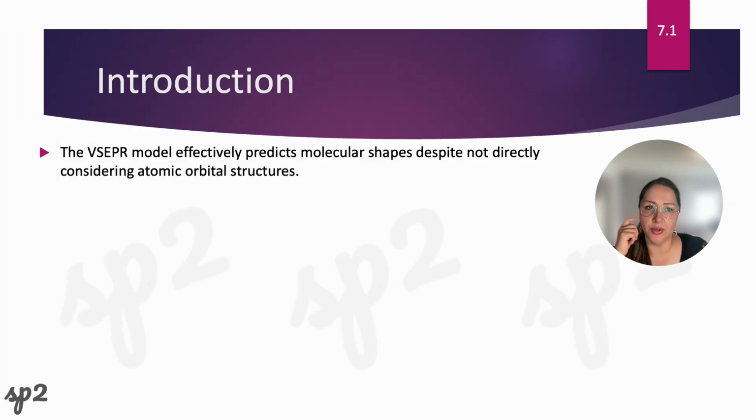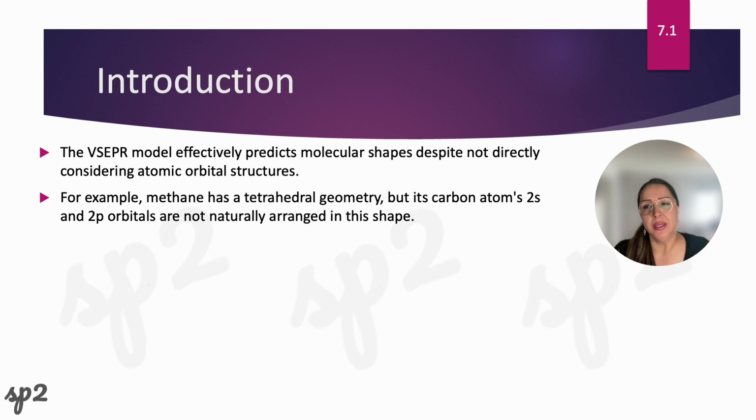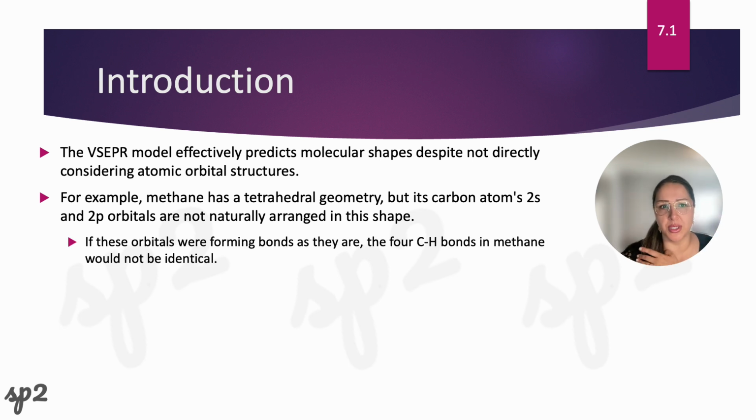So thinking about your VSEPR model, remember we talked about this model and said that we can use it very effectively to understand the molecular shapes of our molecules. But it's not going to help us understand the atomic orbital structures. For example, methane, CH4, has a tetrahedral geometry. But carbon in CH4 has 2s and 2p orbitals, so there are two different types of orbitals here.